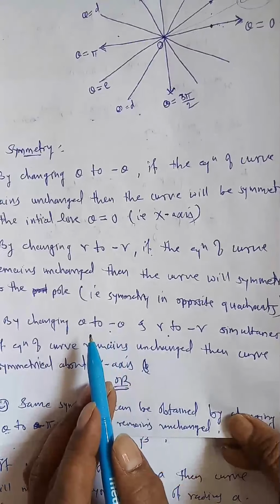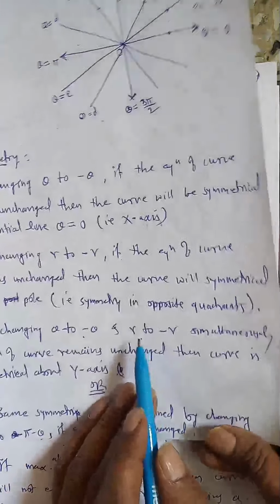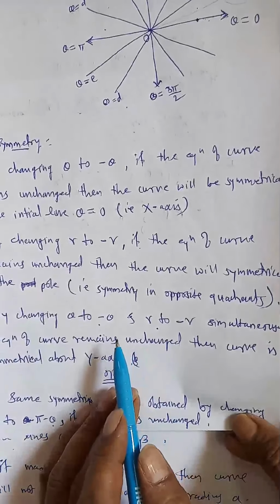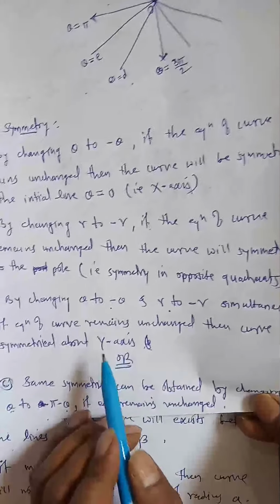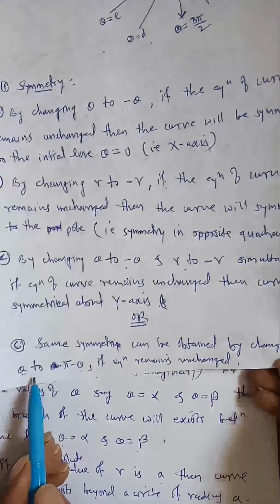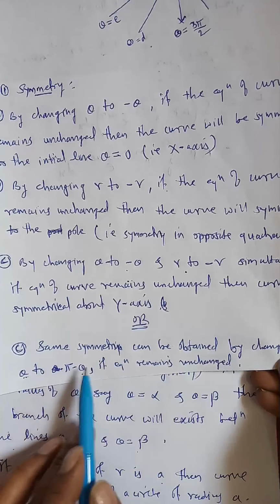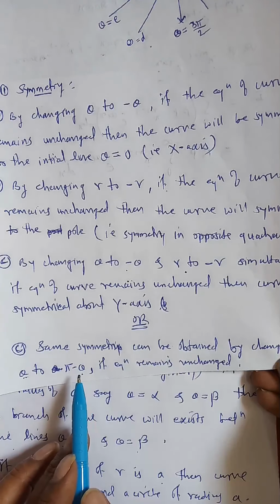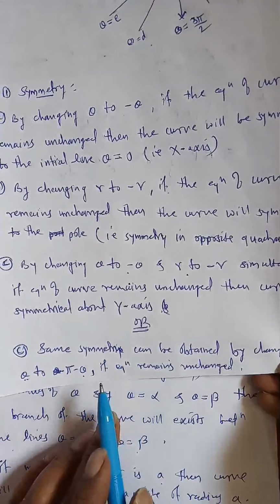If we replace both theta by minus theta and r by minus r simultaneously, and the equation remains unchanged, then the curve will be symmetrical about the y-axis. The same symmetry can be checked by replacing theta by pi minus theta. If the equation remains unchanged by changing this theta, then the curve will be symmetrical about the y-axis.